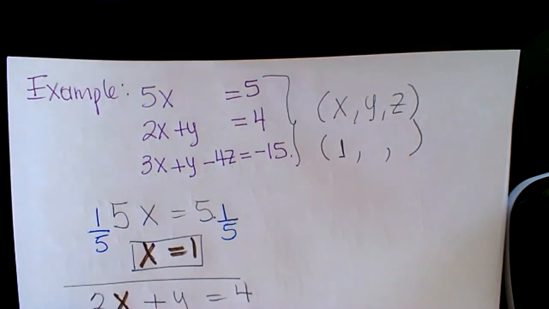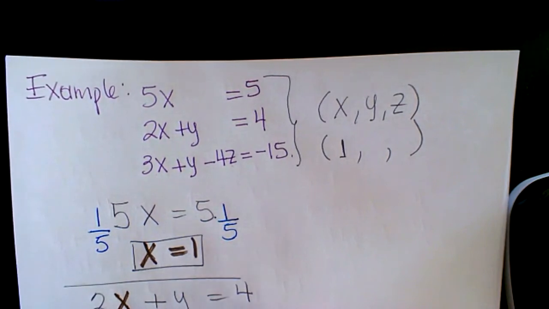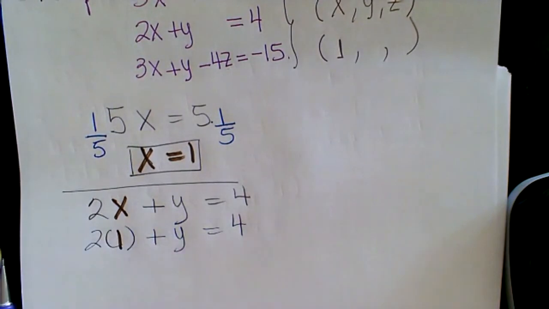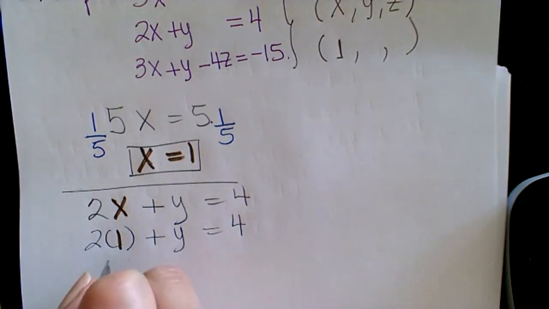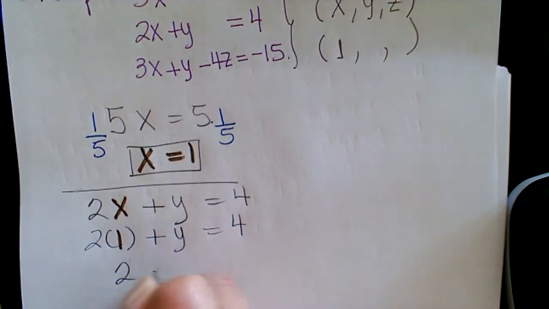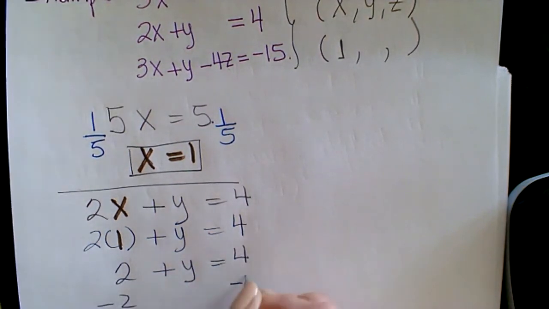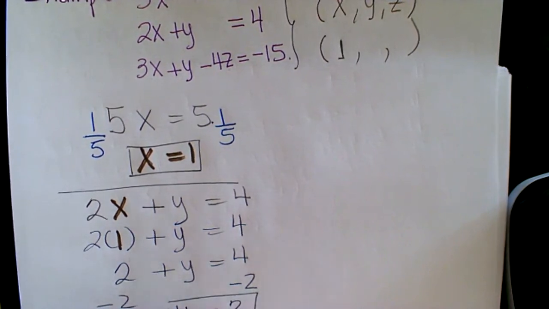So I'm just going to substitute 2 times 1 plus y equals to 4. All right? And this is 2 plus y equals to 4, making a 0. Y is equal to 2.